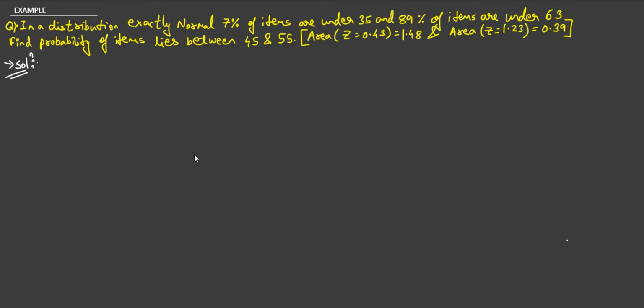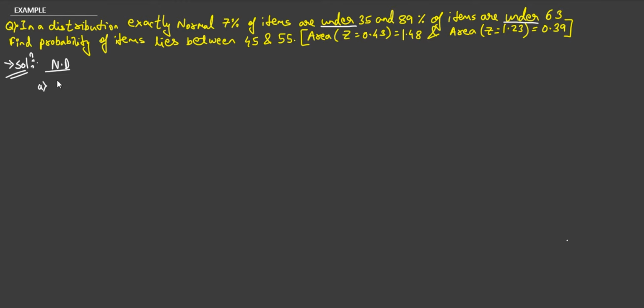Whenever you come across this word "under", that is the hint for this type of question. So the question is of normal distribution, and it is given that 7% of items are under 35.